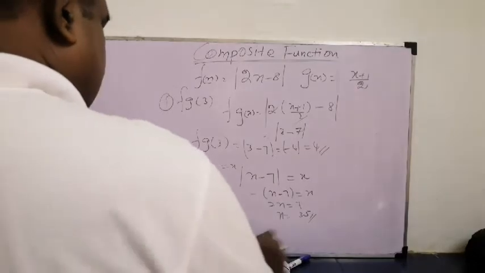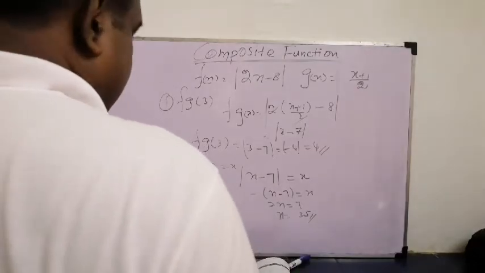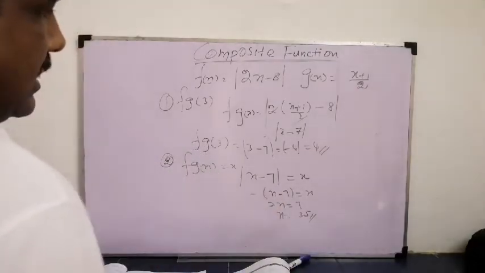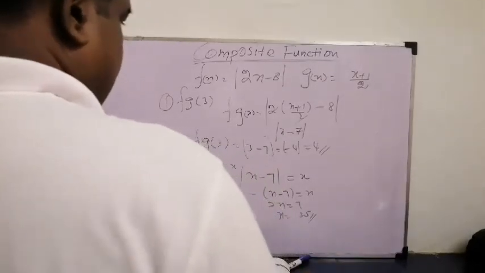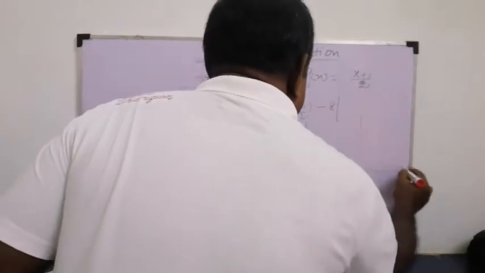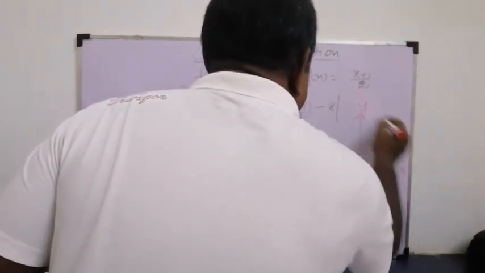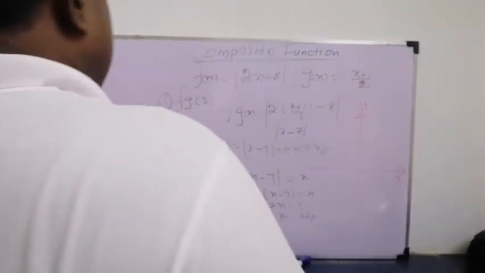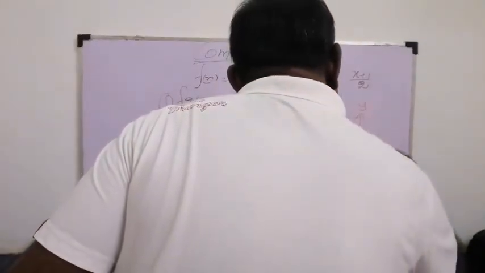If they ask you to represent it in the graph, I'll draw you the graph. So y and x. So y is equal to x, it goes through this.